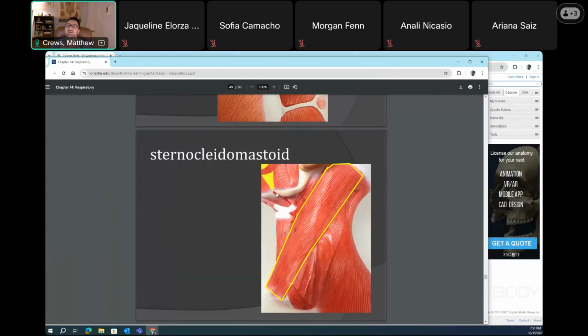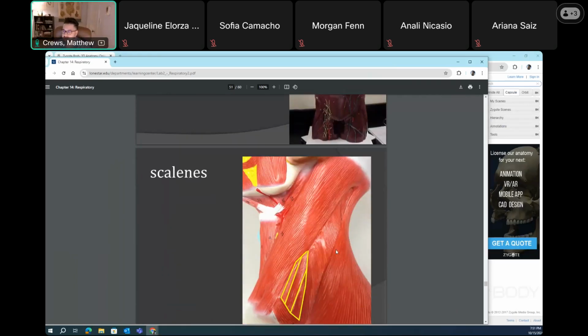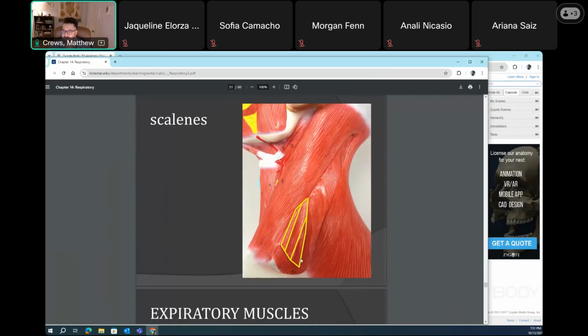That's the one where you can kind of feel it right here, and it elevates your rib cage. Pec minor also elevates your rib cage, so think like you're pulling your rib cage up. And then your scalenes, which are in your neck, are also attached.